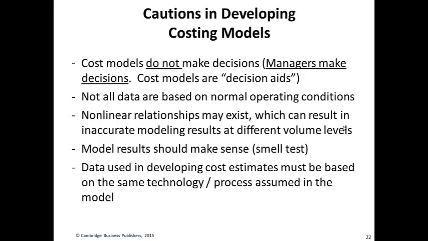In other words, in some cases, the modeling for certain volumes could be right, and for other volumes, it could be incorrect. Model results should make sense, and this is really important, and this goes back to managers making decisions. When you run the model and try a couple of different scenarios, is it coming out about what you thought it would?